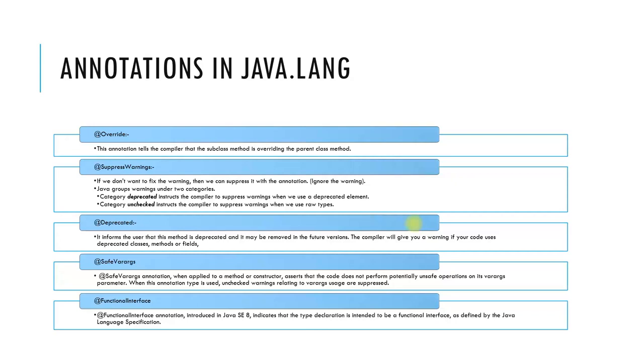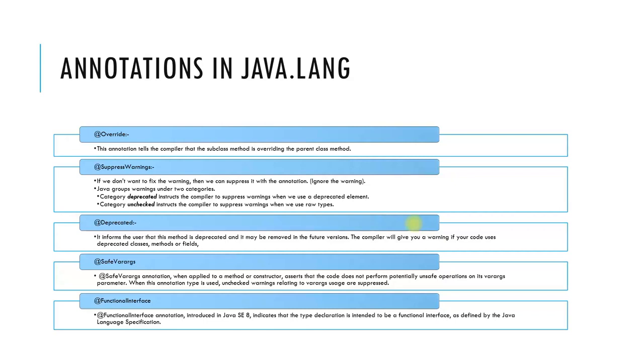In this case we have only two categories, and if we write another category, it will be ignored. The category deprecated instructs the compiler to suppress warnings when we use a deprecated element, and the category unchecked instructs the compiler to suppress warnings if we use raw types in generics.